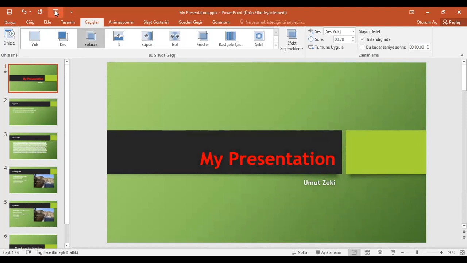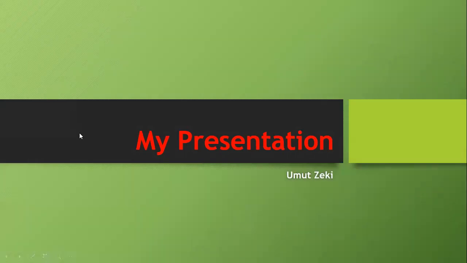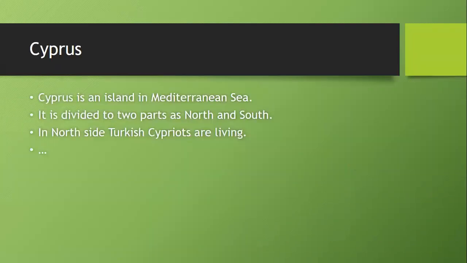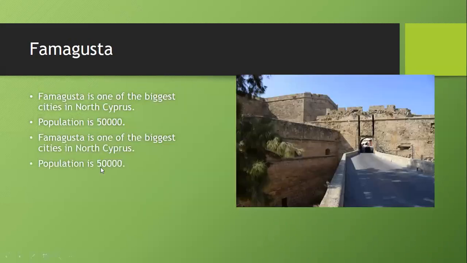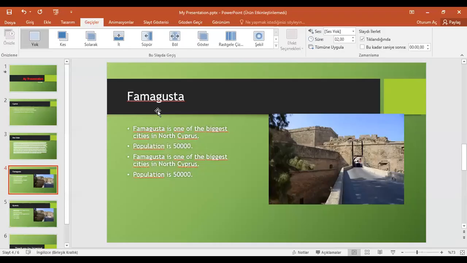let's again start our presentation. As you see, it just makes a transition when we started, but for the others, we don't have. And also, if you want to quit from the presentation, you can use escape.